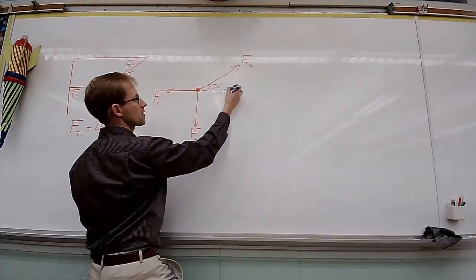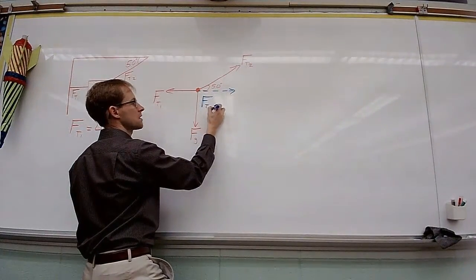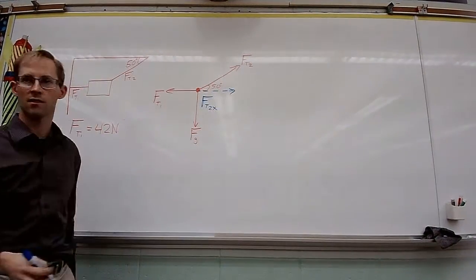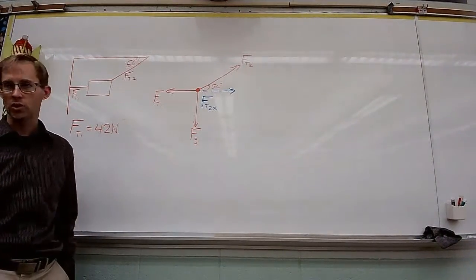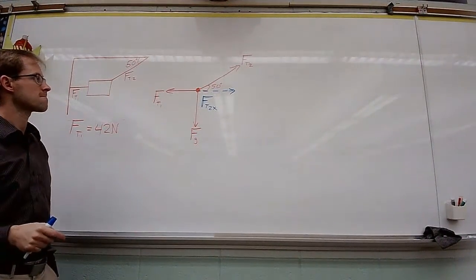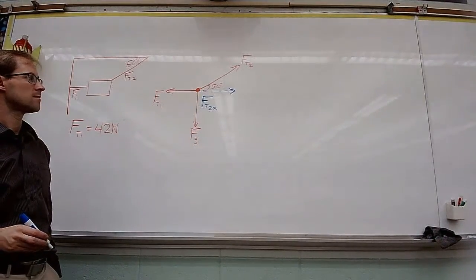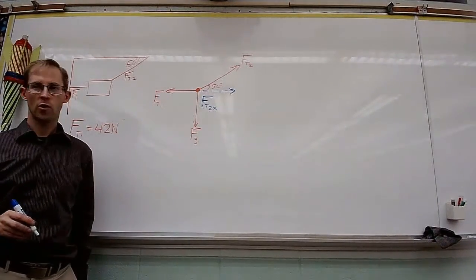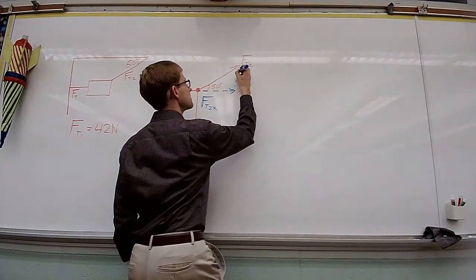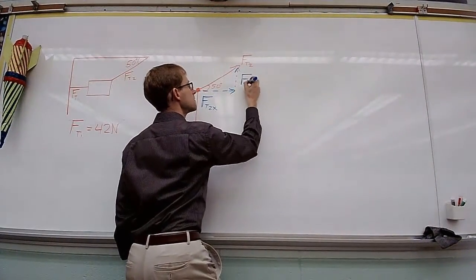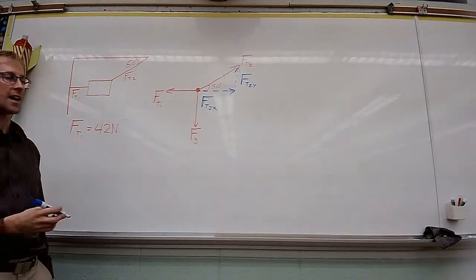The portion of this force that's acting to the right, I would call Ft2x. It's kind of a long name because it's tension force 2, and it's the portion of that that's pulling to the right. And of course, there's part of that force that's acting upward. So that's Ft2y.